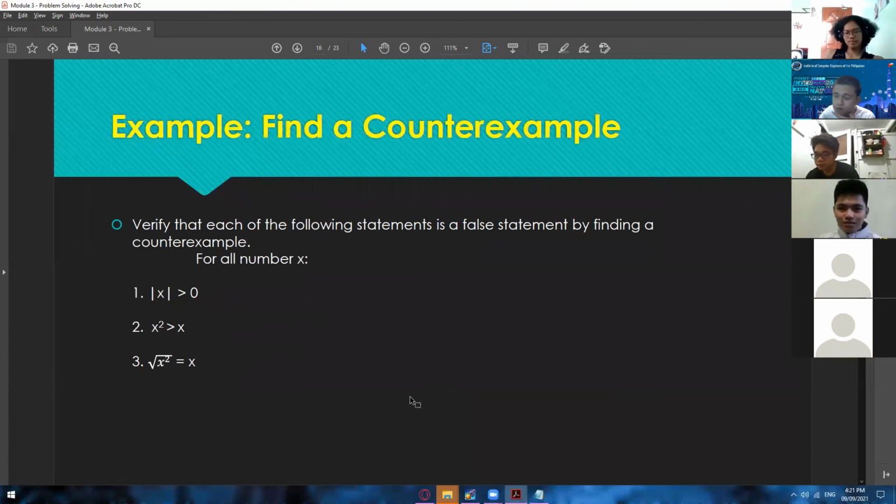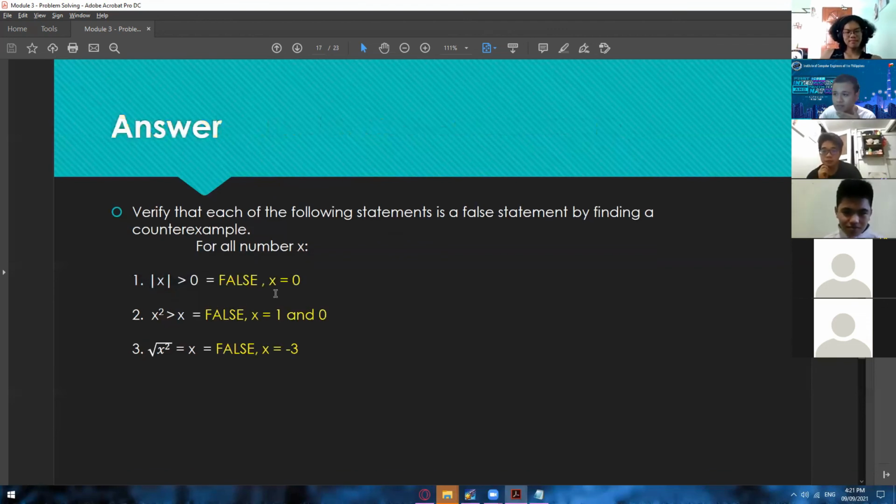Like, how did you get the number to substitute here for X? We are the one. Let's just assume that X is a real number, like any number that you can think of. Okay. So just make this statement false. And then that number is already a counter example.